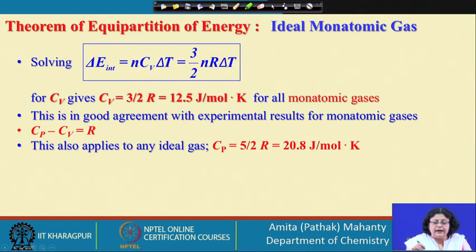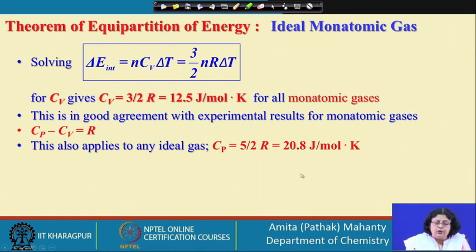Now, solving that, Cv is, if we write the expression of internal energy, you put the expression of Cv, which gives 3 by 2 R. So, you get the internal energy change per mole of the gas. This is something you can solve for if you know the degrees of freedom.